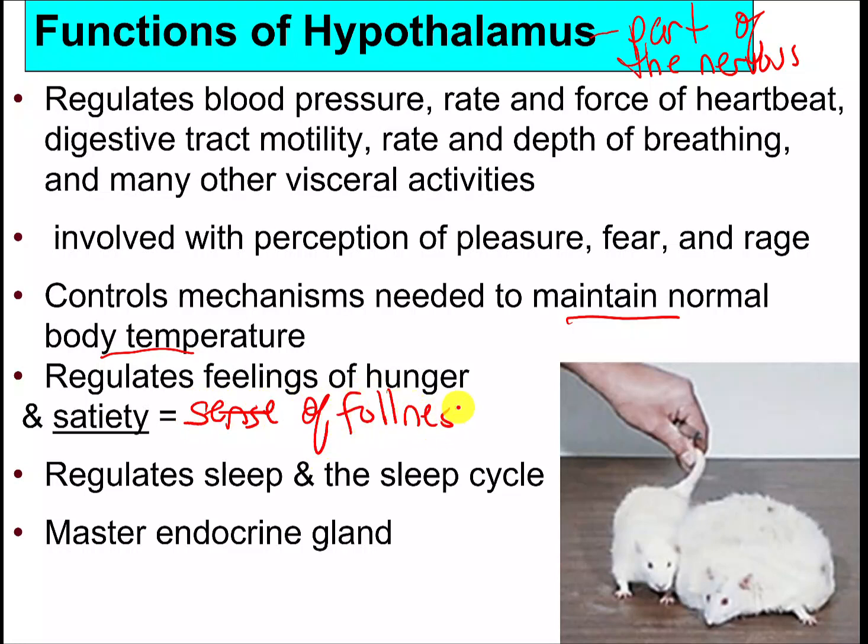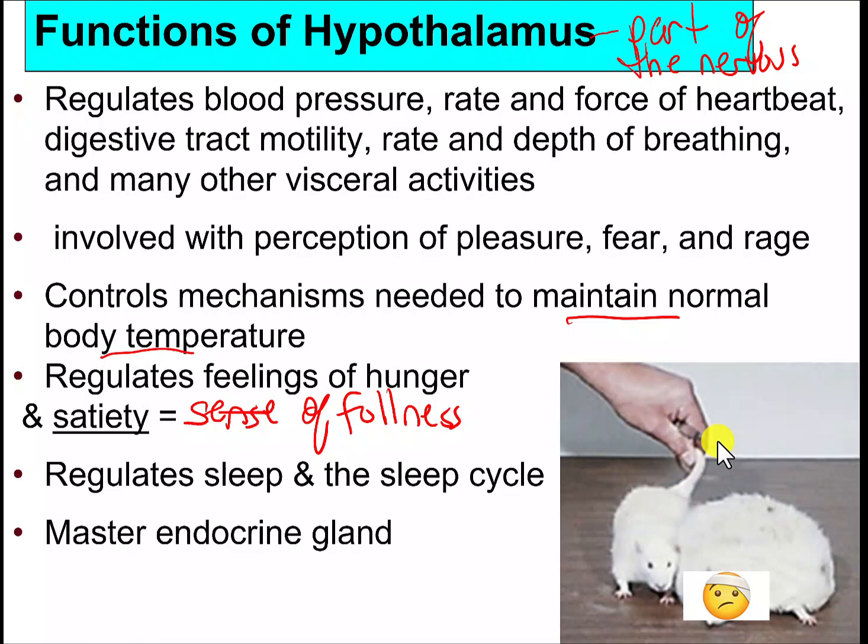Sense of fullness, okay? In an interesting study that was done many years ago by, I believe, psychologists, they took 2 white rats, you can see here, and one of the rats had an unfortunate accident that damaged its hypothalamus. And you can see what happened here. Rats tend not to overeat. If you've ever done research with rats, you know that their food tray is always full.